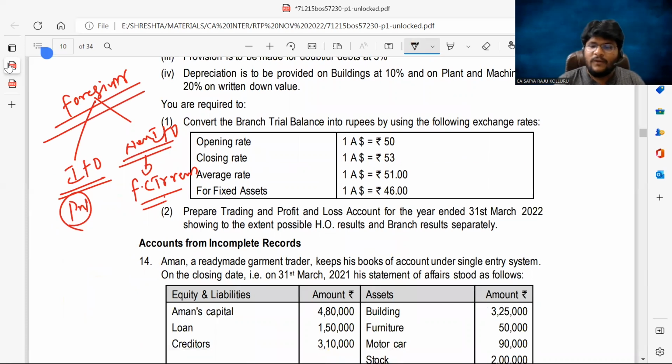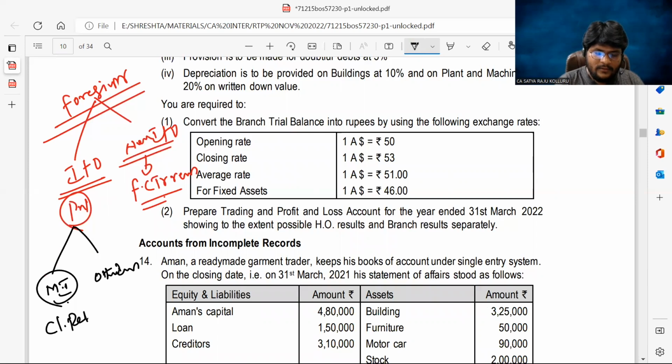If it is an integral foreign operation, you need to check monetary items and other items. If it is monetary items, you need to apply the closing rate.